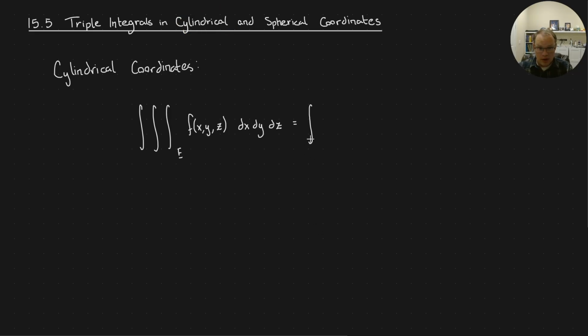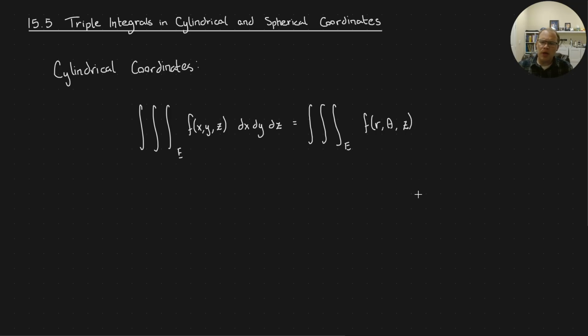And often, depending on the nature of the volume or the function that we're integrating, it might make things a lot easier to integrate in cylindrical coordinates than in rectangular coordinates. Okay, so we're going to integrate with respect to variables r, theta, and z.